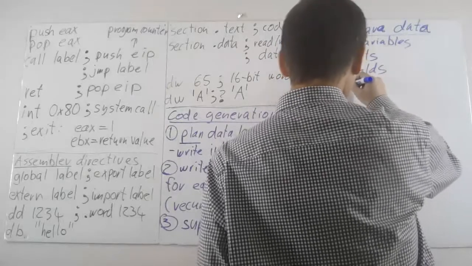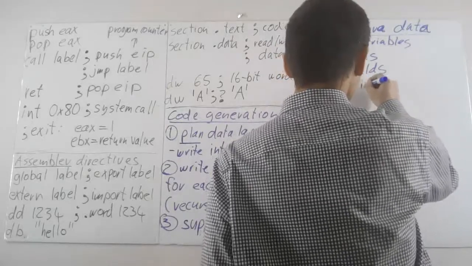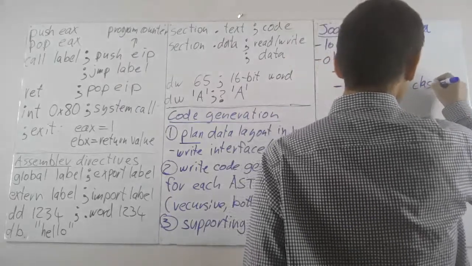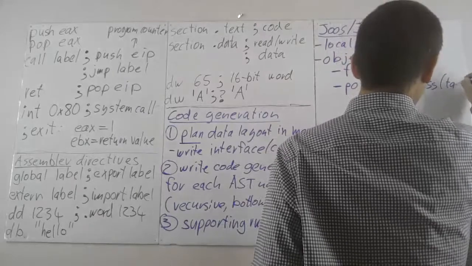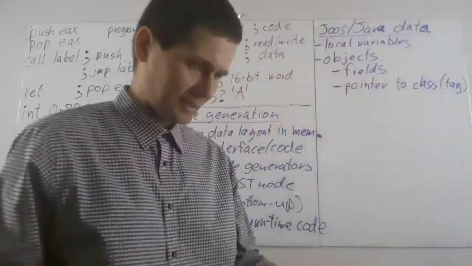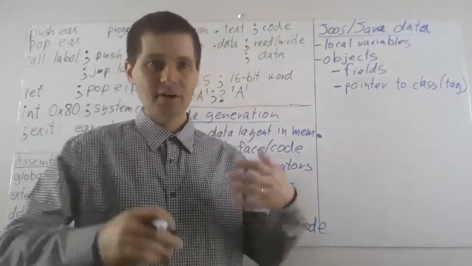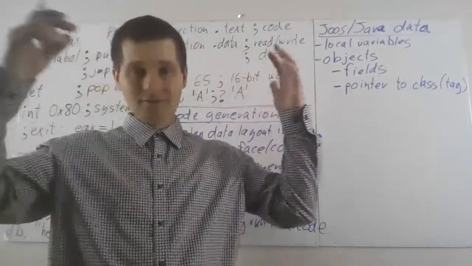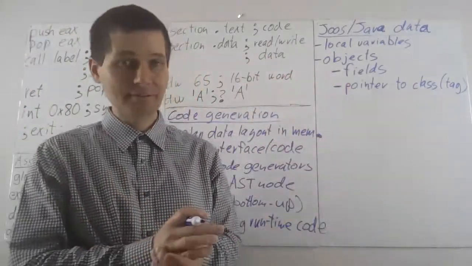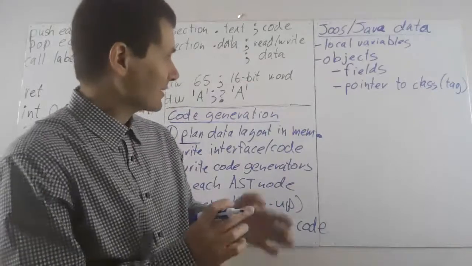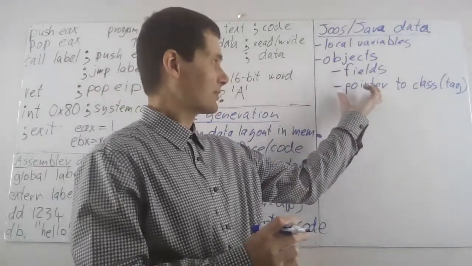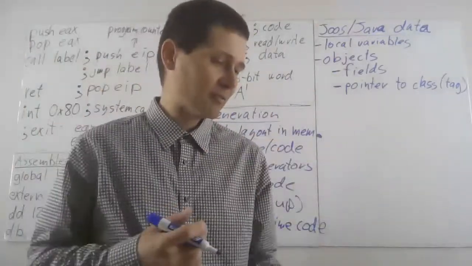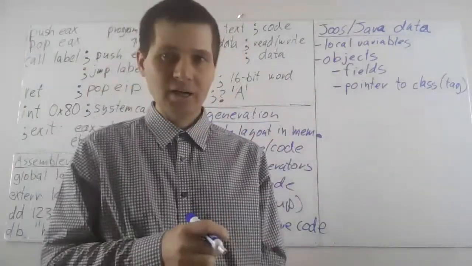So the way I'm going to represent that in an object is as a pointer to a class, and this is the tag of the object. This is the runtime type of the object that allows me to do a cast or an instanceof test and so on. And I'm just going to implement it with a pointer, so just an address of some other data structure that's going to keep track of all the information about the type of an object.